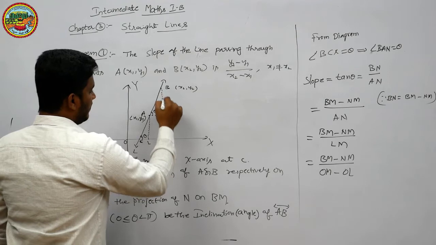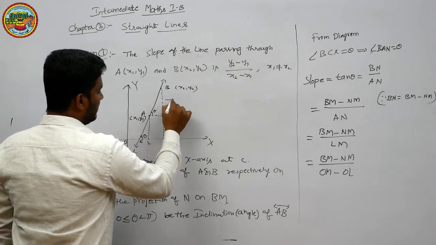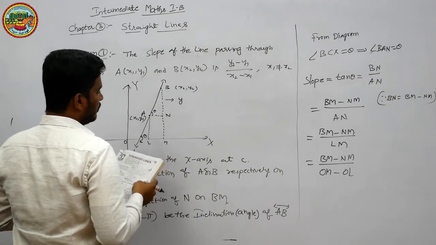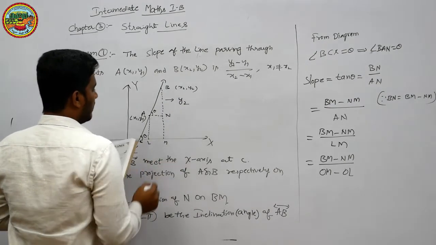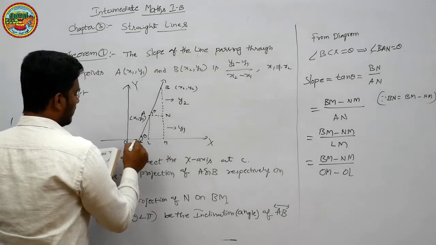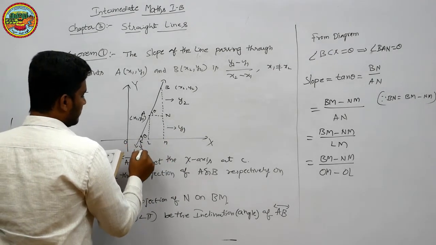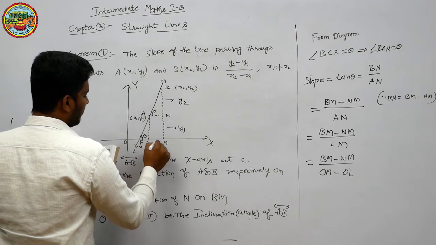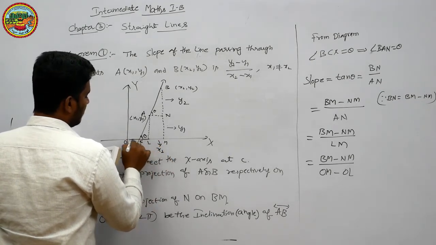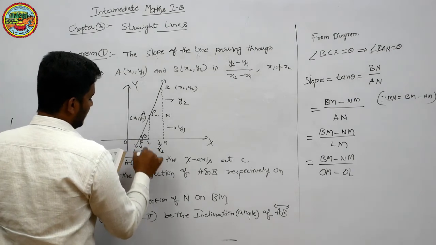So the BM line, we can take the equation of the BM line as y2, and NM as y1, and this line OM as x2, and this line OL as x1.